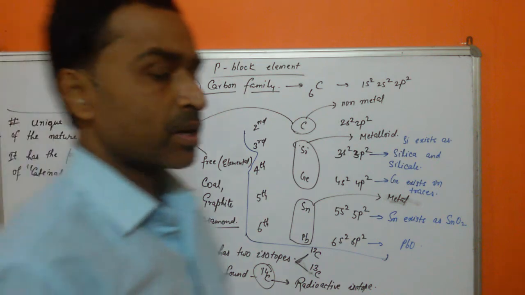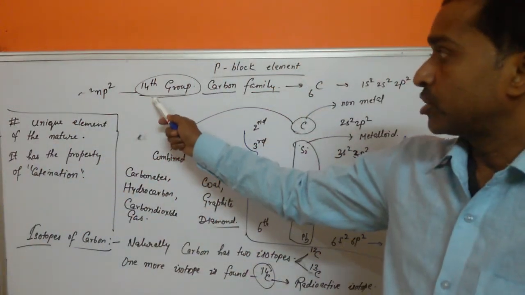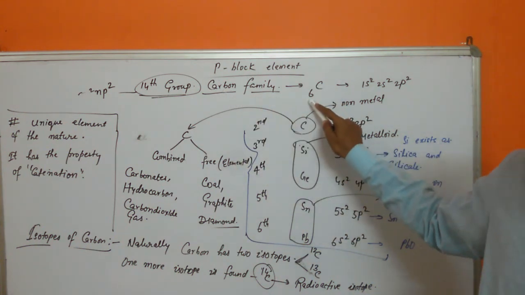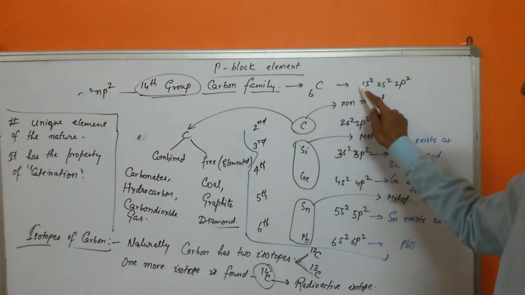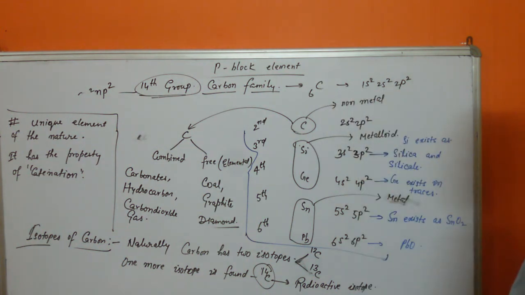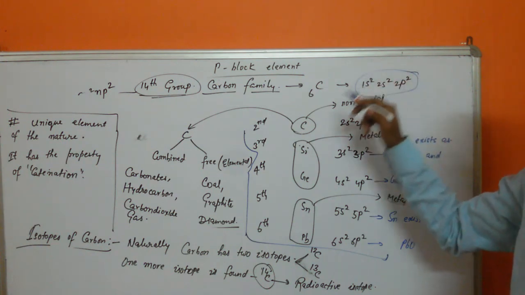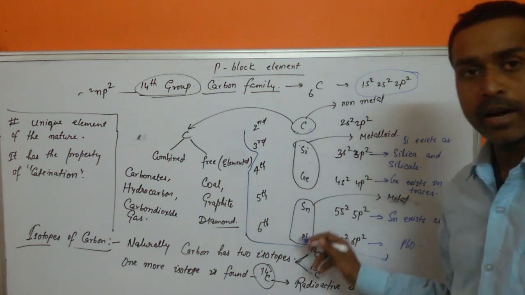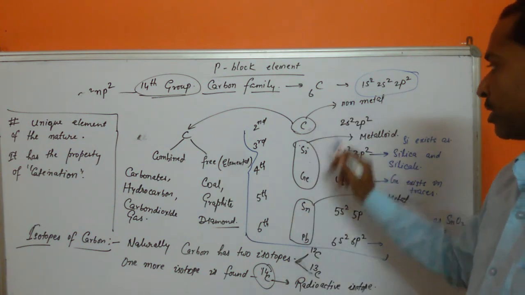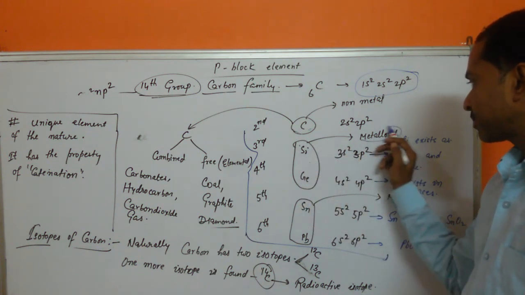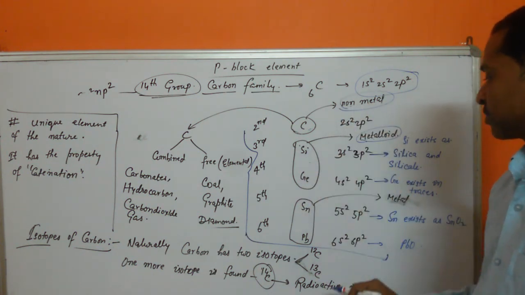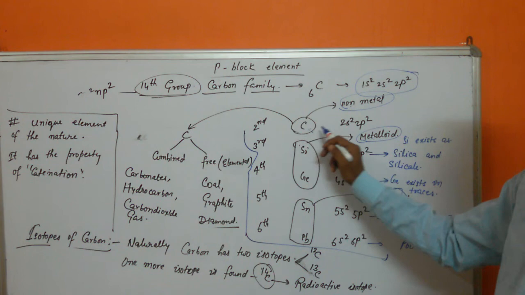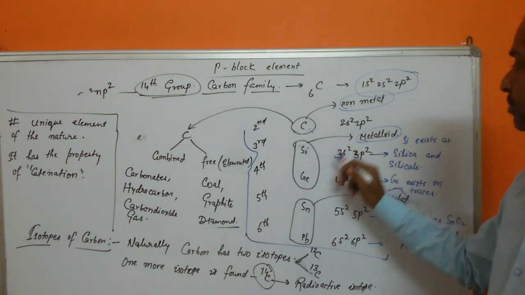What we have studied today about the carbon family: this is the 14th group. The atomic number of carbon is 6 and its electronic configuration is 1s2 2s2 2p2. The members are carbon, silicon, germanium, tin and lead, in which carbon is a non-metal, silicon and germanium are metalloids, and tin and lead are metals. Carbon's configuration is 2s2 2p2.